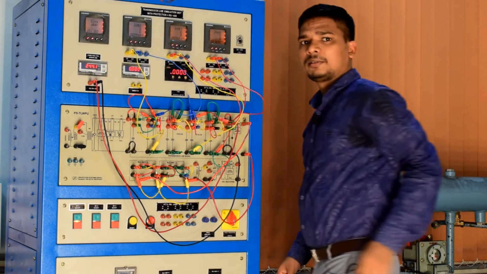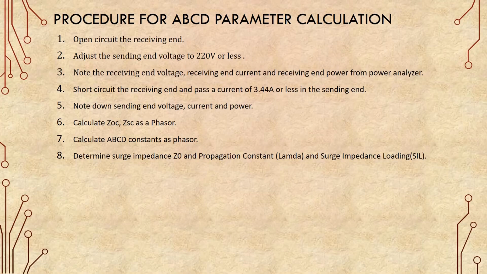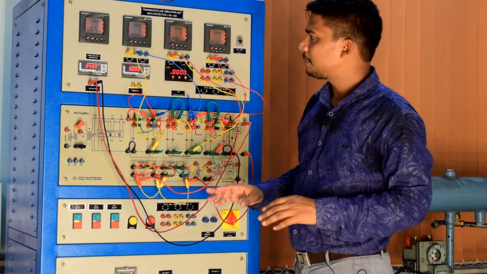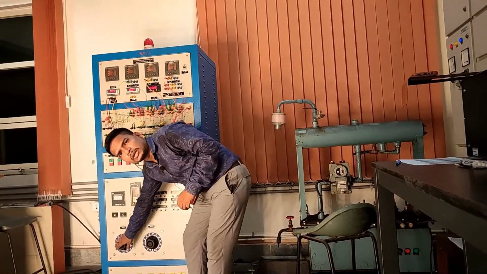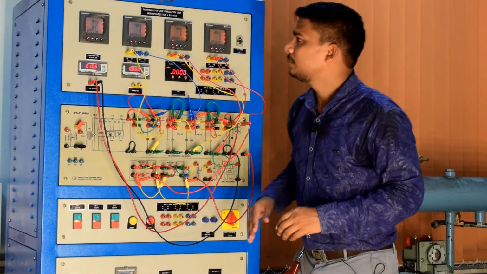For the next procedure, short circuit the receiving end and pass a current of 3.44 or less, then note down the voltage, current and power from the power analyzer. For that I have to give a current less than 3.44, so I just have to reduce some voltage, anything below 220.